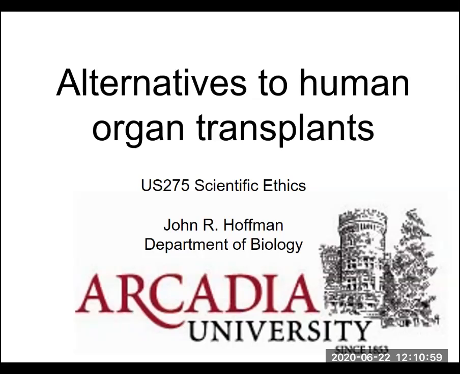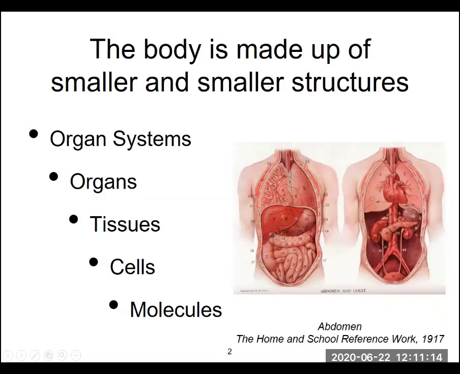Are there ways in which we can repair the body in a way that's less invasive, or at least allows us to do this without requiring organs from other individuals? Keep in mind, as we talked about when looking at how the body works, generally we're not looking at transplantation of organ systems, we're looking at transplantation of organs within the system, or potentially tissues or cells or molecules.